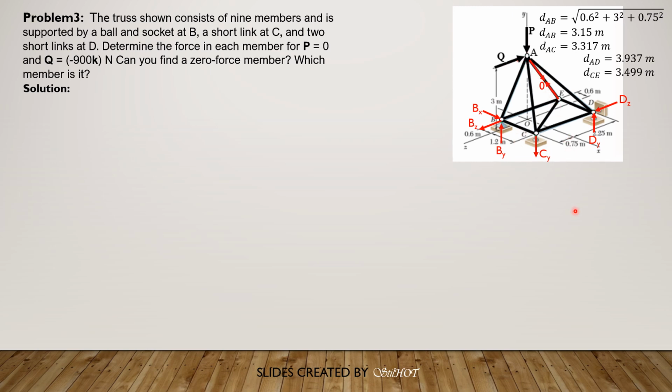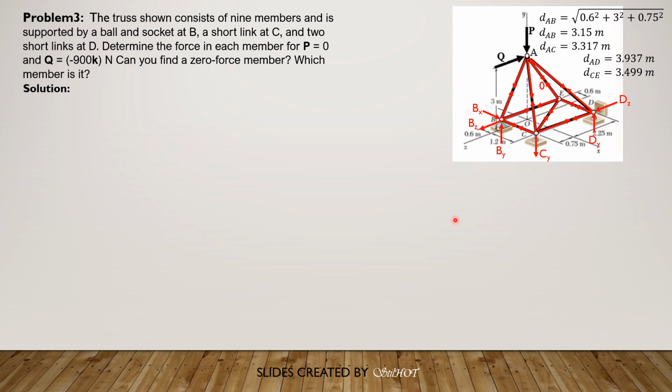FAE is 0. The reason is it's the only force that has unique line of action perpendicular to the planes of these 3. Then we have FAB. We assume always that the force in a member is tension. So F, CD, and FDE.